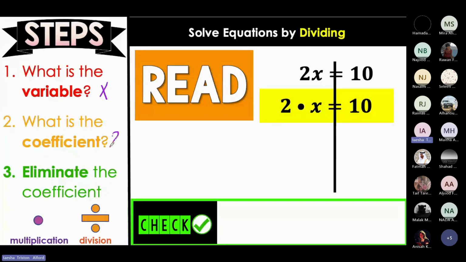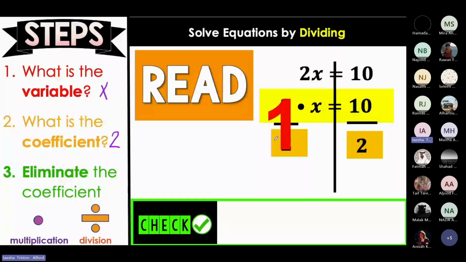Positive 2. Remember, we want to make the coefficient positive 1. So are we going to multiply or divide? Divide positive 2 on both sides. Remember, you must put the fraction bar to show divide. Then you're going to check it in the calculator. Positive 2 divided by positive 2 makes positive 1.